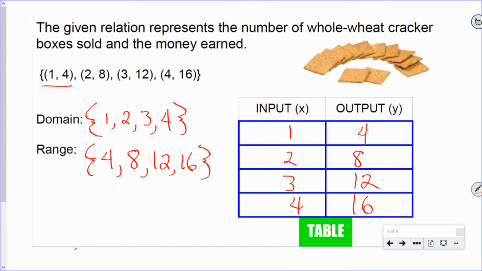So they're related. Now, one thing about domain and range, I don't know that I'll always be able to tell if I just state a domain and state the range, what are the actual pairs? I can only tell that if it's written, say, in this notation here, or if it's found in a table, or a graph, or a mapping. But just writing domain and range, those might not correspond.